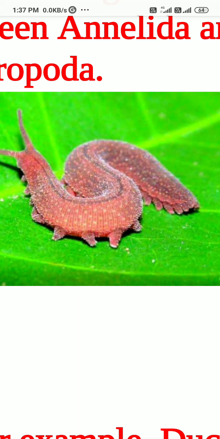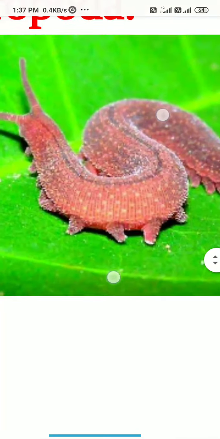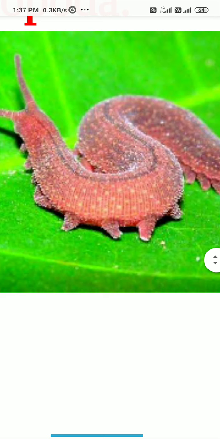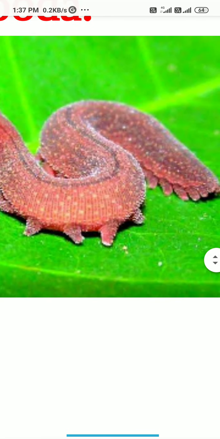These are characteristics of Annelida. But Peripatus also shows characteristics of another group, that is Arthropoda. Peripatus has an open circulatory system and a tracheal respiratory system. And this is characteristic of arthropods.